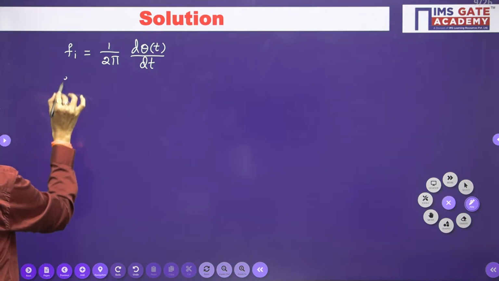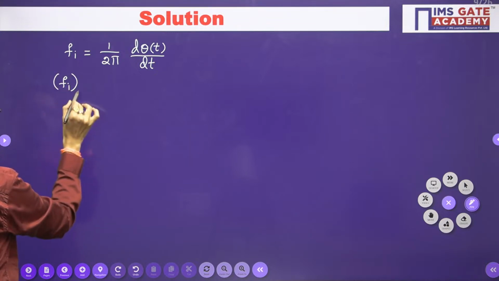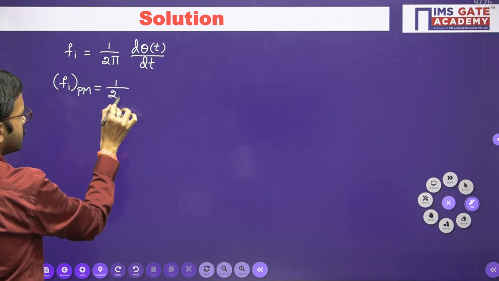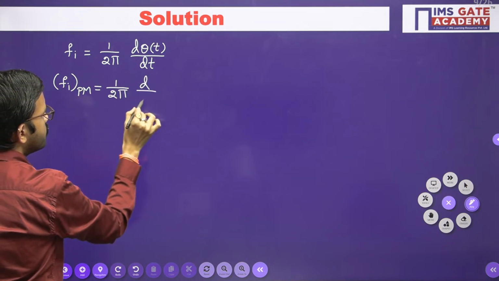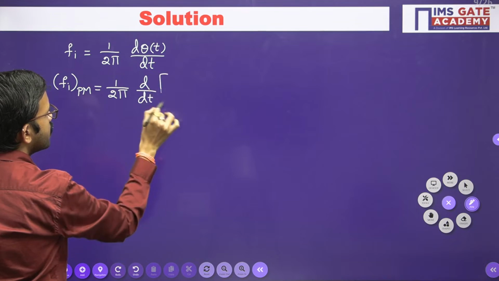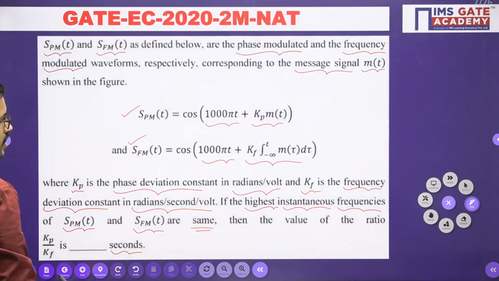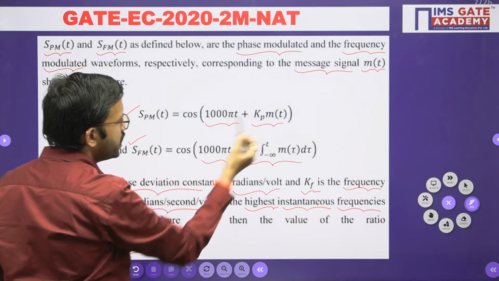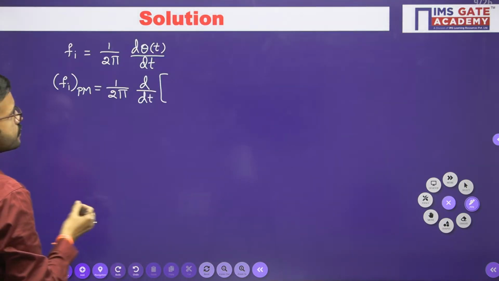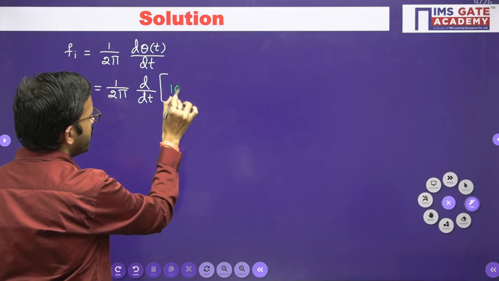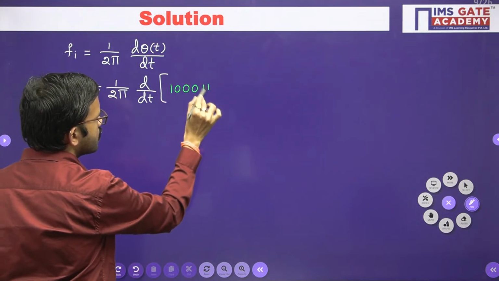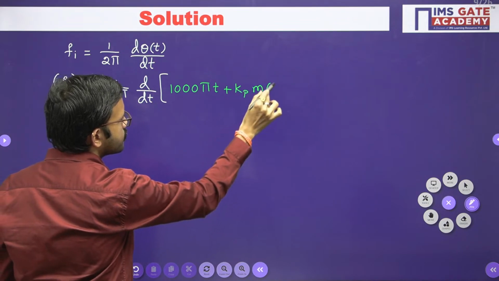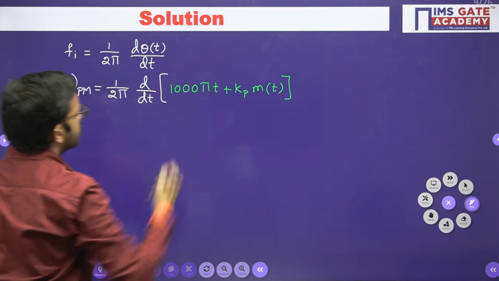So here first let us consider the phase modulated signal. For the instantaneous frequency, 1 by 2 pi you can keep as it is. Here we are performing the differentiation with respect to t. And regarding theta of t, in this entire expression, theta of t is 1000 pi t plus kp into m of t.